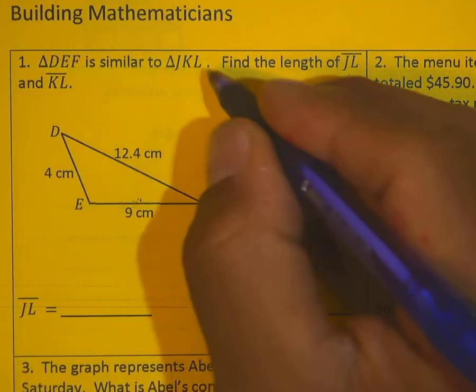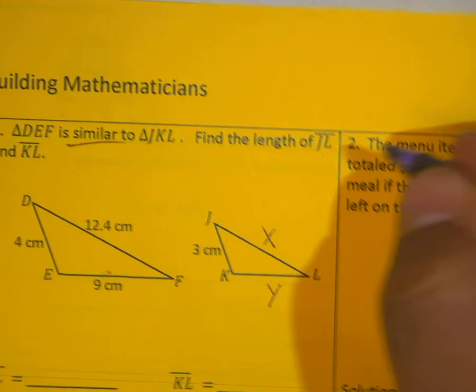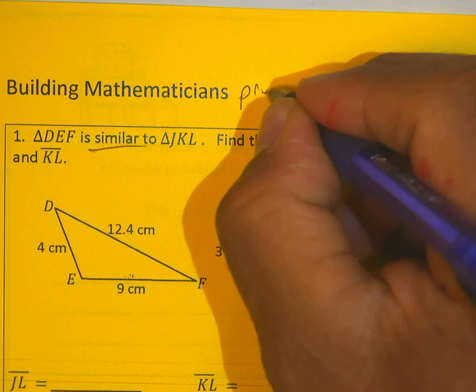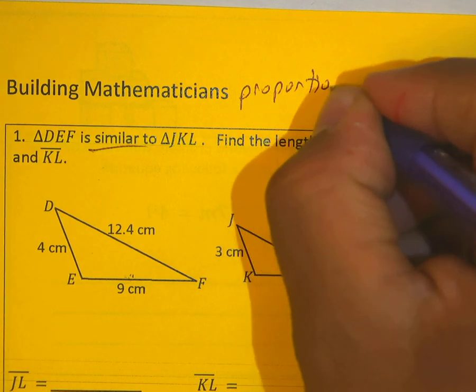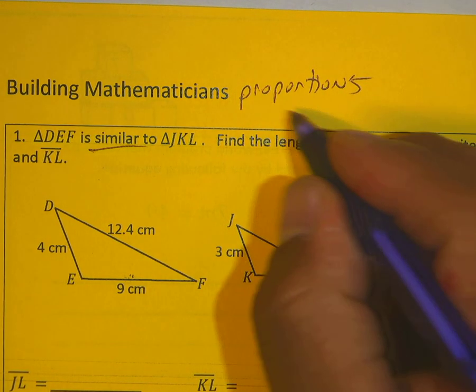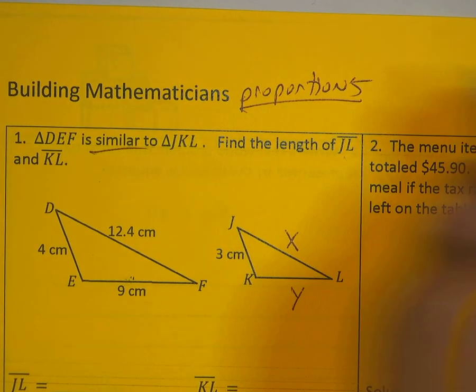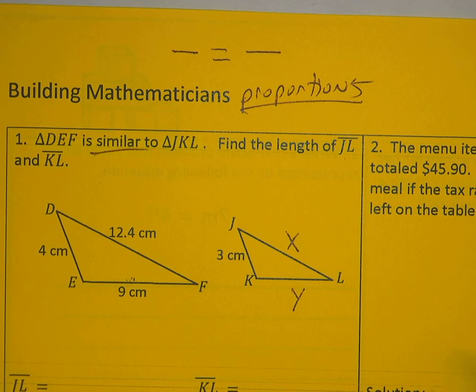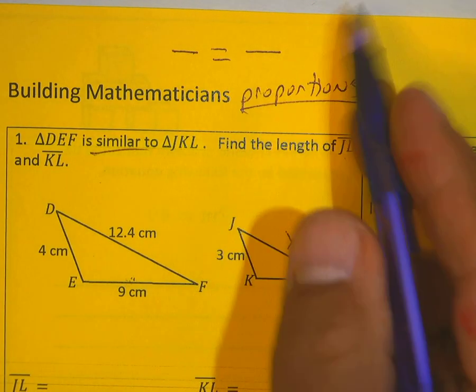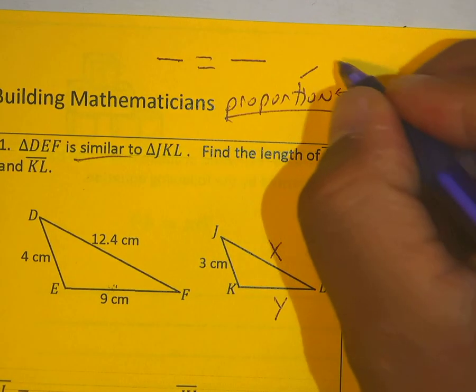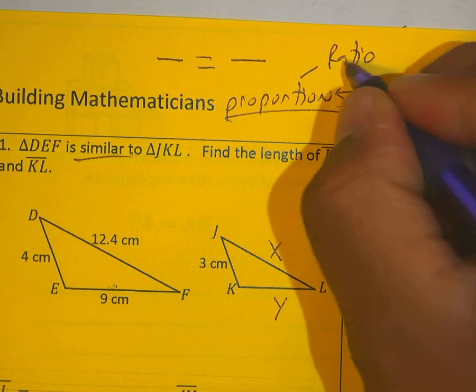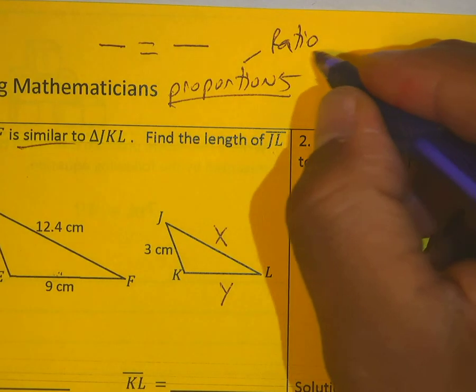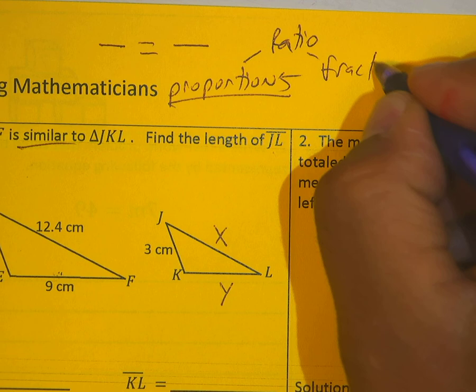Whenever you're doing similar figures, remember you must think of the word proportions. A proportion is, the simple definition, just a ratio compared to another ratio. A ratio equals another ratio. Another word for ratio is fractions.